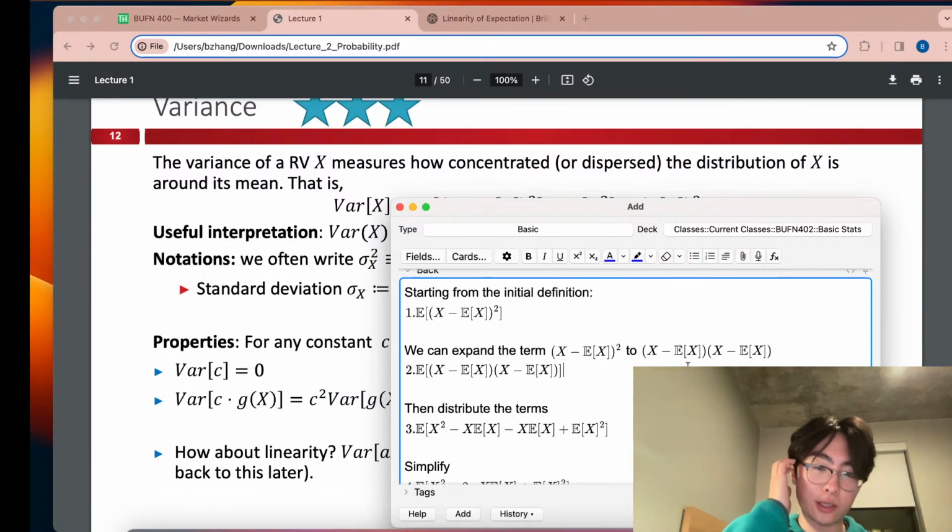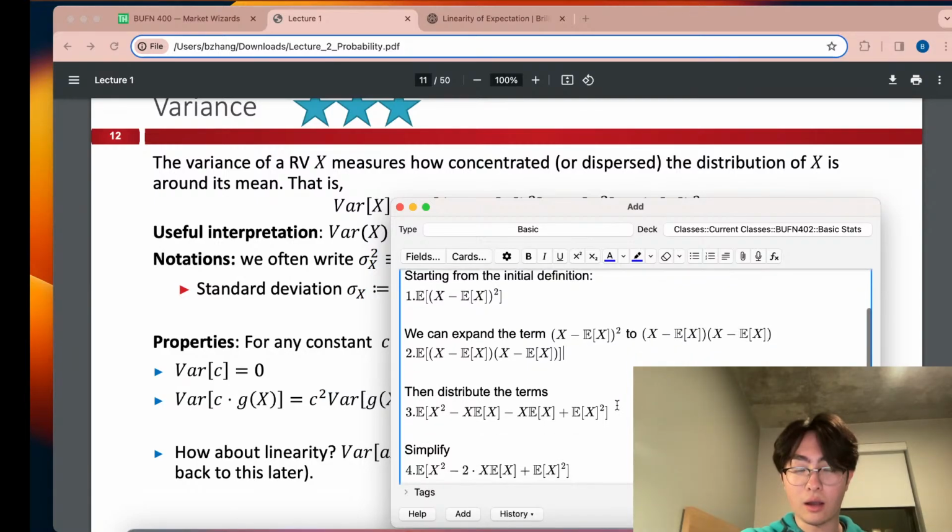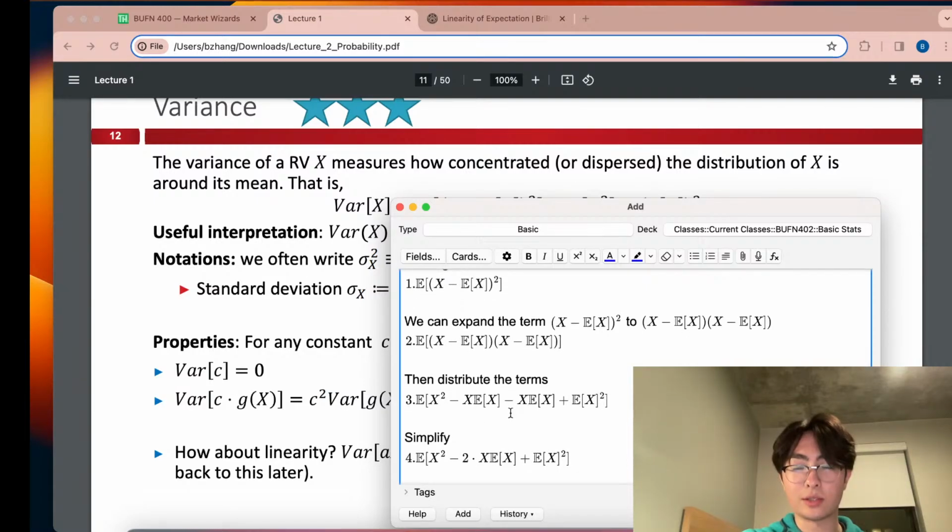To x minus expectation of x, wait, x times x, expectation of x squared minus x ex minus 2 times x.